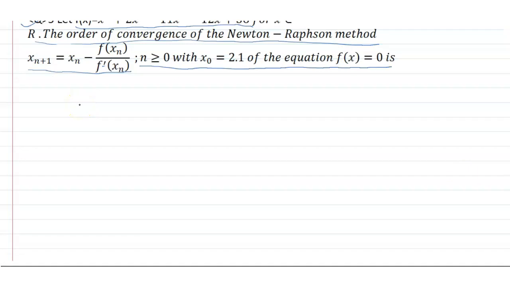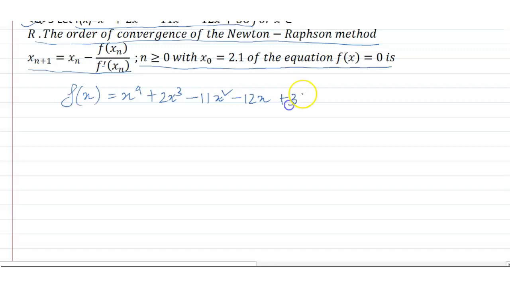So friends, this problem is a very nice problem. f(x) is equal to x to the power 4 plus 2x cube minus 11x square minus 12x plus 36.